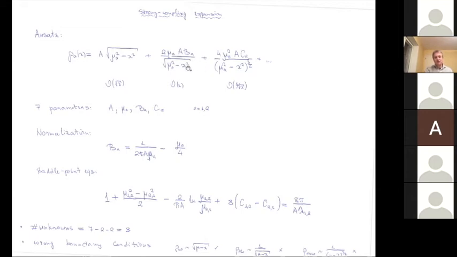So first of all, this expansion is indeed the expansion in 1 over square root of lambda. That's the parameter, the h bar of the sigma model. So this is consistent again with string theory.